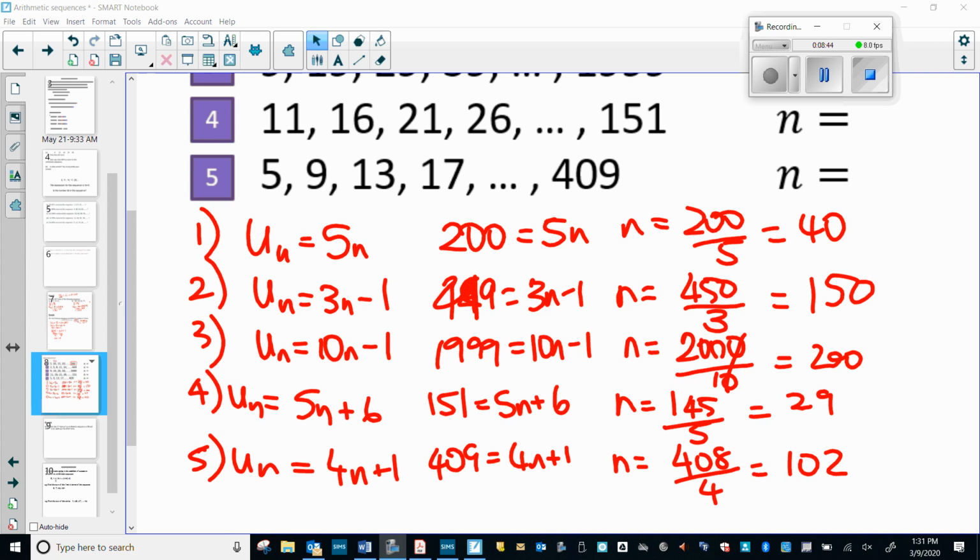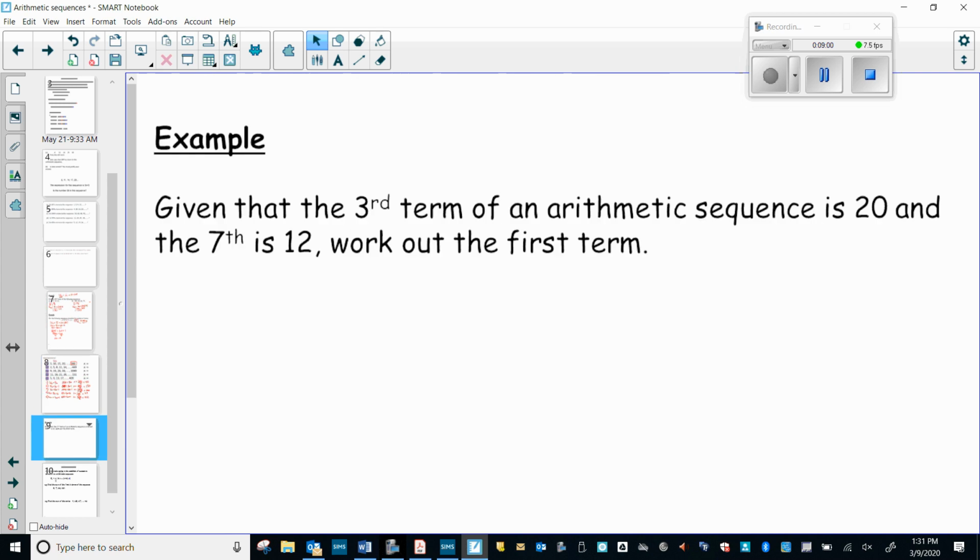And 4n plus 1, which is 102. We're all good with that? I'm going to push on. If you haven't done all of those examples, come back to those afterwards and double check that you're good with them. The method for them all was the same.